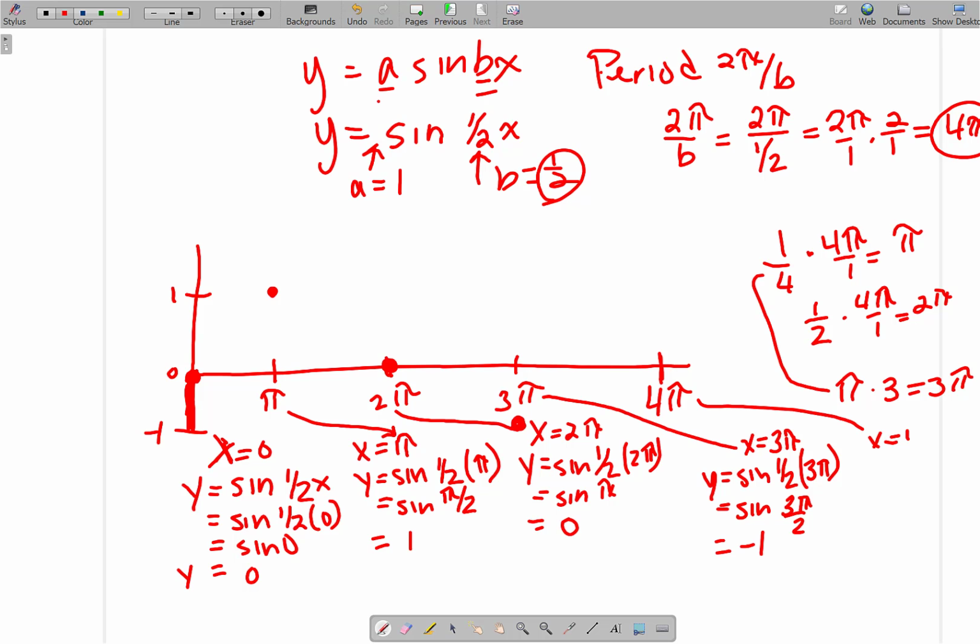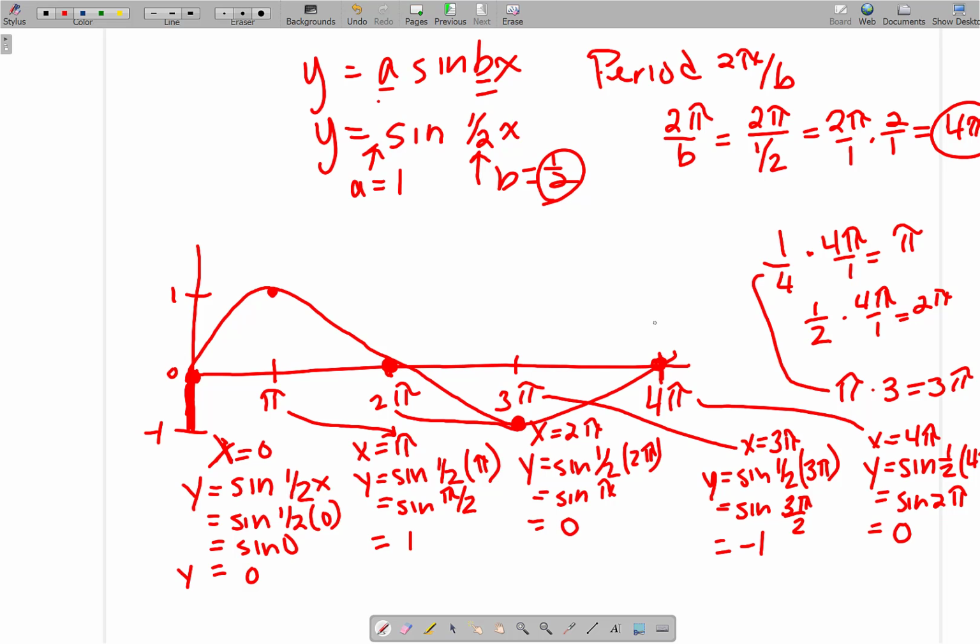If x equals 4 pi, y equals the sine of 1/2 times 4 pi equals the sine of 2 pi. What is the sine of 2 pi? 0. So 4 pi is 0. So when we draw our graph, we again go to 1, to 0, to -1, and to 0. Do you see how it's stretched out?